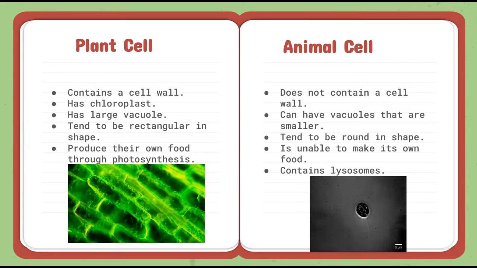The plant cell does have a cell wall and it has a chloroplast. It also has a larger vacuole than an animal cell, if the animal cell has a vacuole at all. Plant cells do tend to be rectangular in shape, and plant cells can produce their own food through photosynthesis.